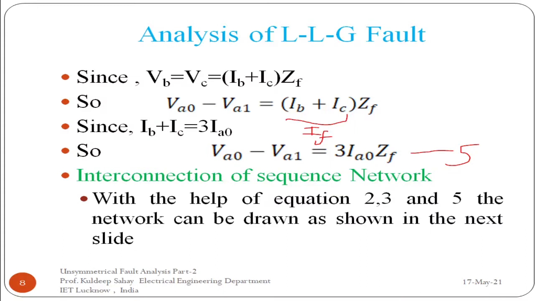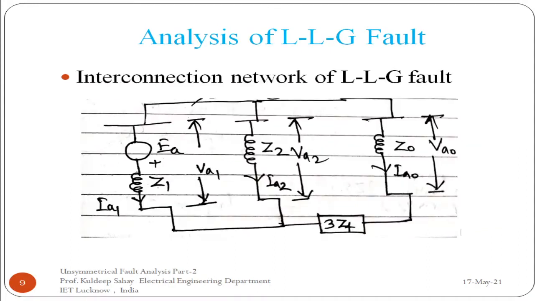So as we know that VB equals VC from the circuit condition, because these phases B and C are short circuited directly, while IB plus IC is equal to the fault current. And you have determined that IB plus IC equals 3 times the zero sequence current. So putting this value here, you can draw the sequence network using this equation, as we have concluded here that VA1 and VA2 are equal.